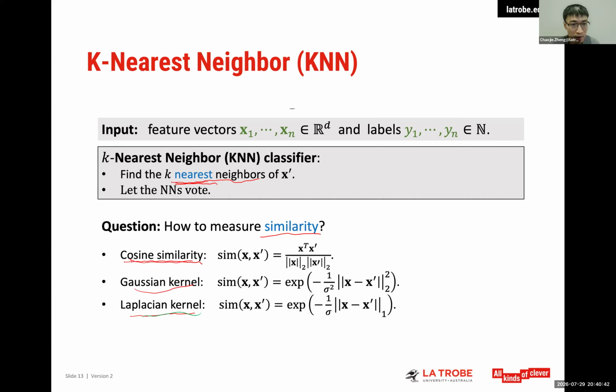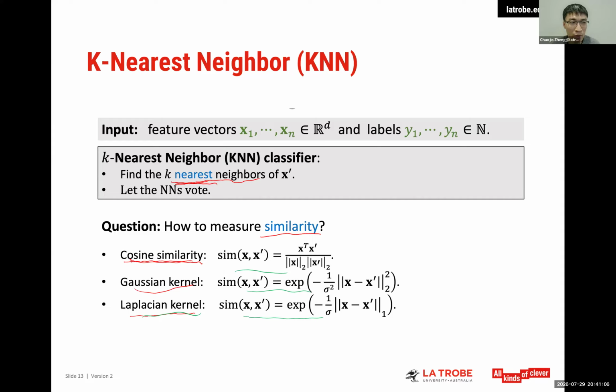You don't need to memorize these equations. These are just for your information, to know that we can not only compare the Euclidean distance between data points, we can also compare their vector angles.